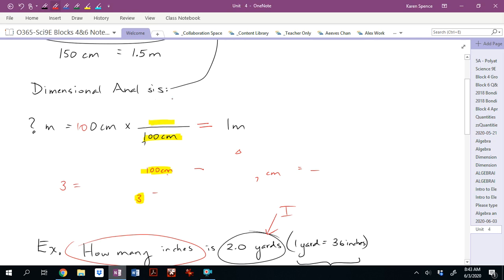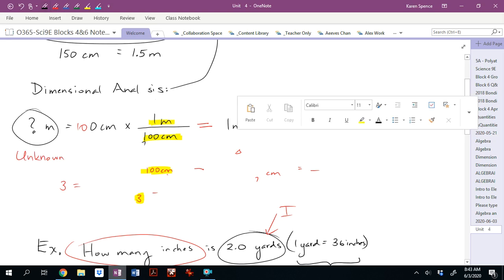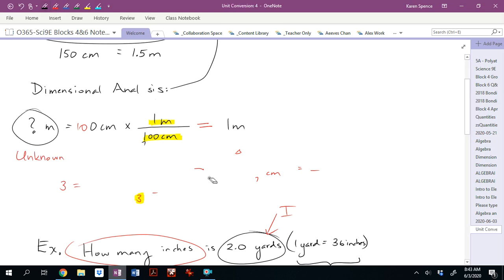What on earth did I write there? Okay. 1 meter. So we wanted to know how many meters there were. That was our unknown. And I was asking you, how many meters is 100 centimeters? How many meters is 100 centimeters?